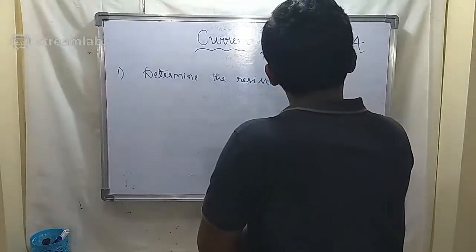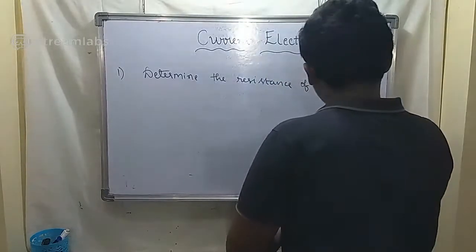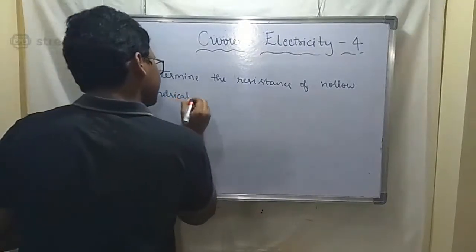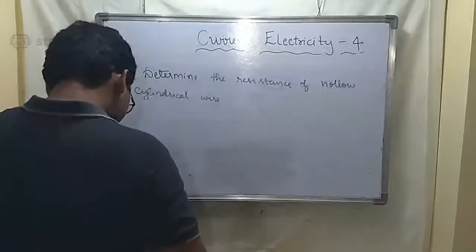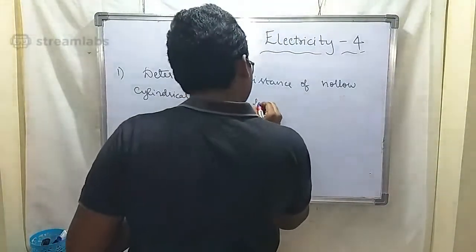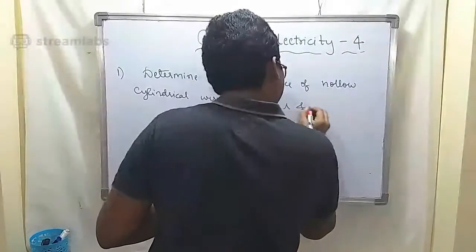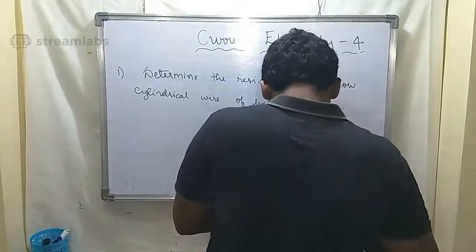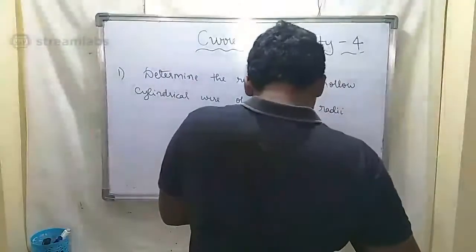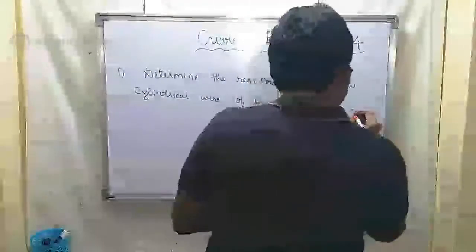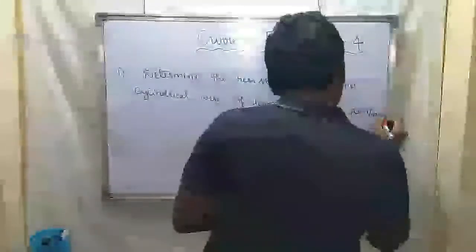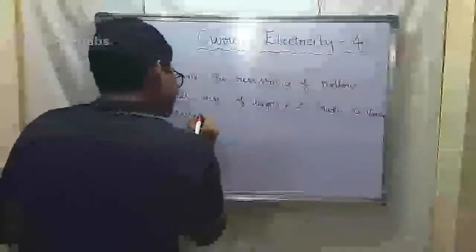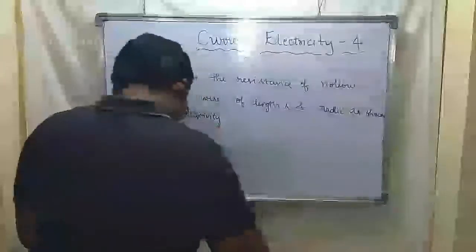Determine the resistance of a hollow cylindrical wire of length L and radii as shown, and whose resistivity is rho.